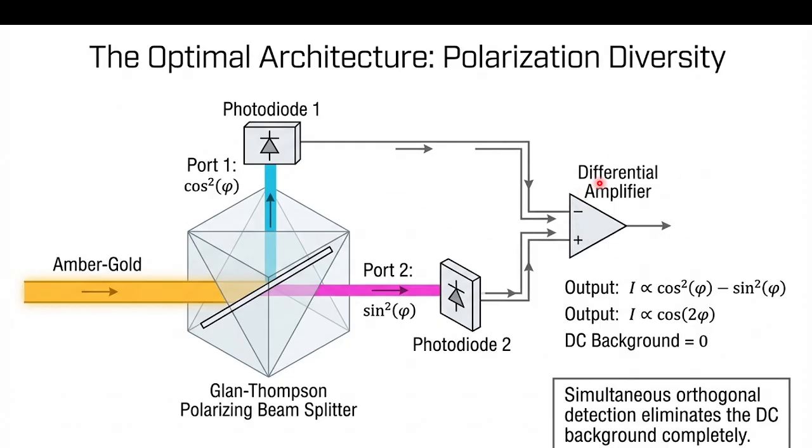It is detected and forwarded to the differential amplifier, where the differential amplifier detects the output based on the intensity reflected towards photodiode 1, the cos part, minus the transmitted part towards photodiode 2, port 2.